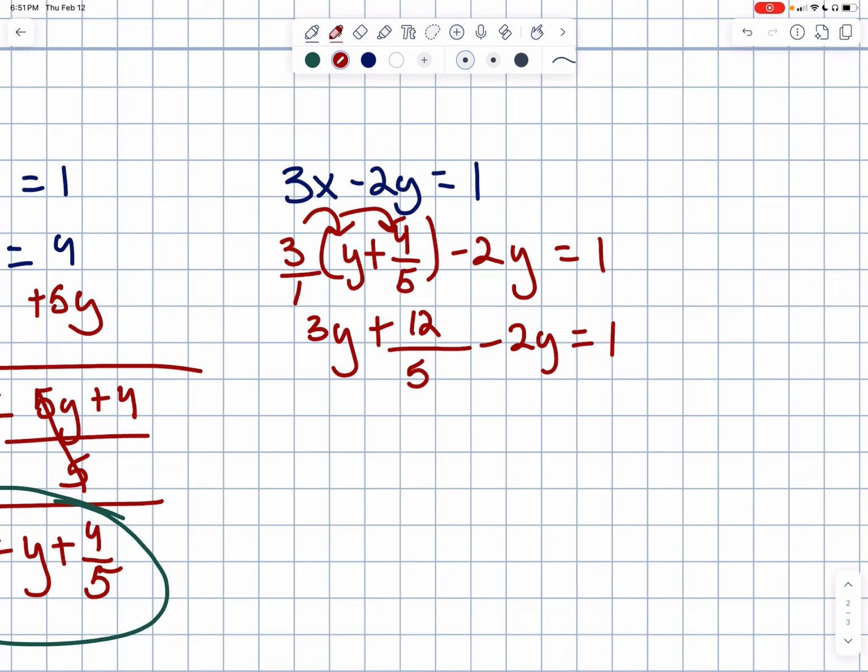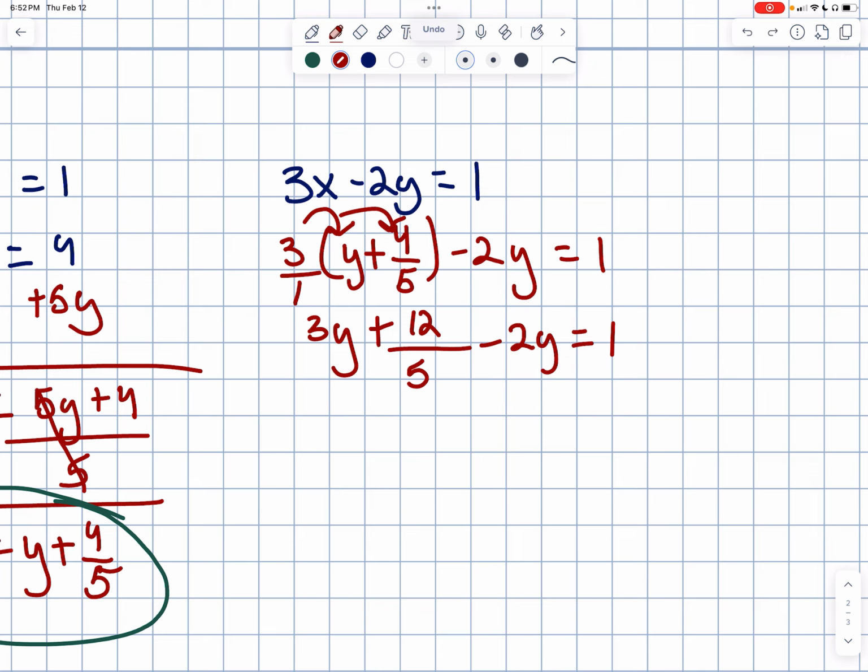Follow along, please. Make sure you're writing everything down. So we got 3y plus 12 over 5 minus 2y equal to 1. Okay, so we're running into something here. We want to get y by itself eventually, but we got two sets of y's. No bueno. So we're going to combine like terms, being 3y and negative 2y.